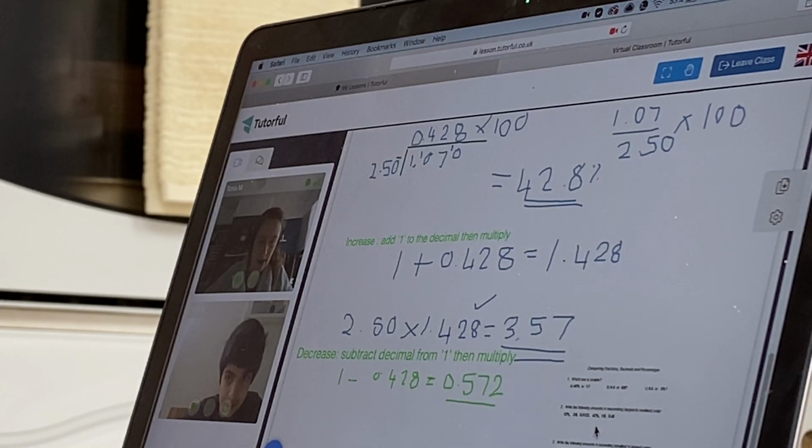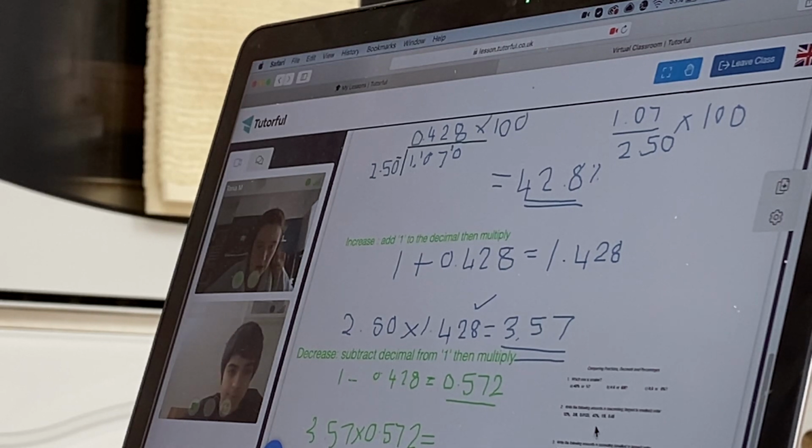If we decrease 357 by 0.428, we times it by this. Wait, hang on a minute.